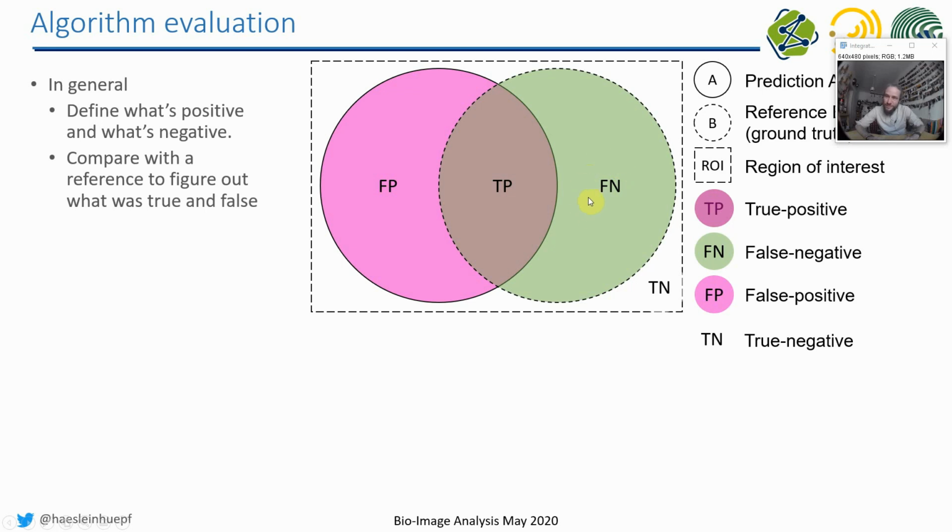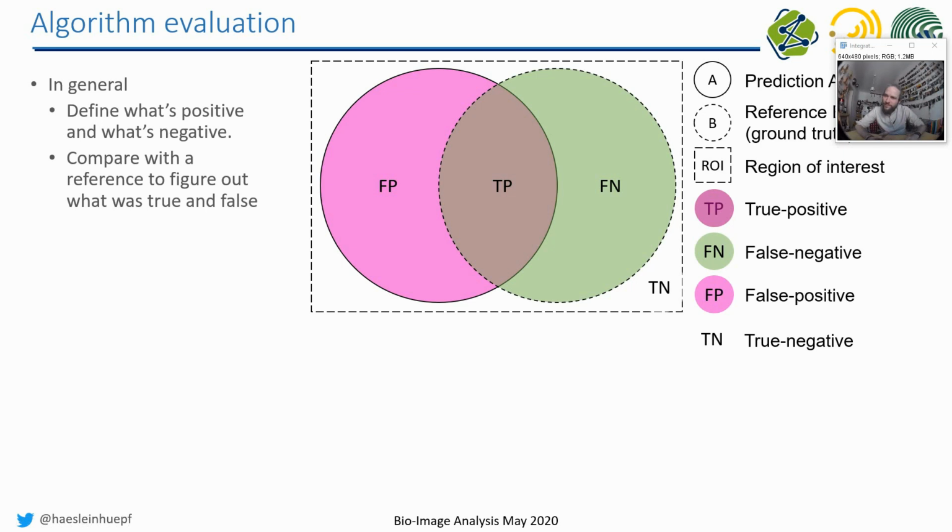So the algorithm has here false negative findings. So the algorithm thinks it's negative, but it's not true. So it's false negative. That's where this term comes from. On the other side, the algorithm thought that this is positive, but it's not. So it's false positive. And this is how we write down this kind of terminology in parameter space. Again, this is a two-dimensional parameter space, but it can be anything.